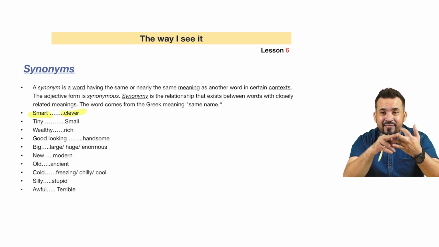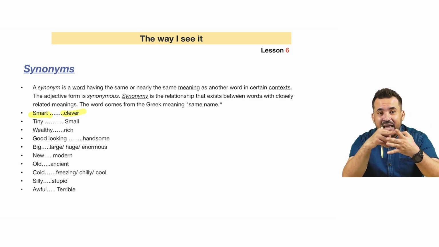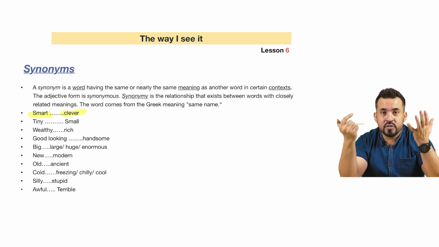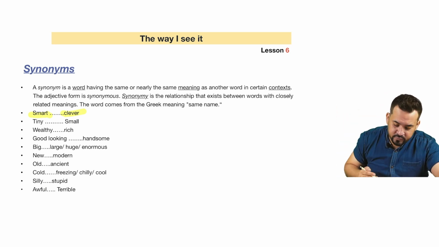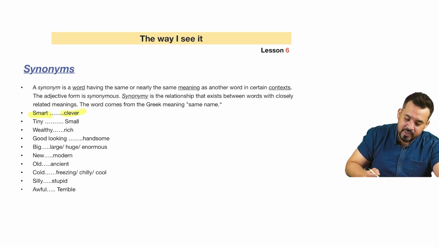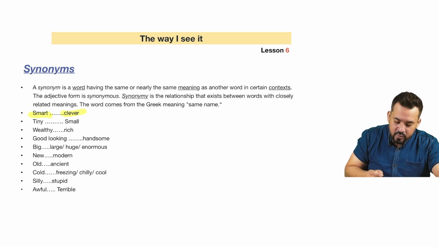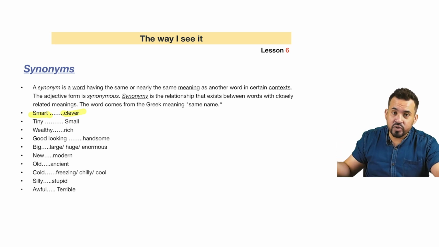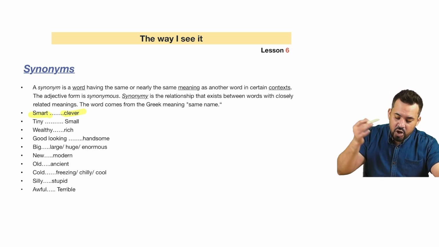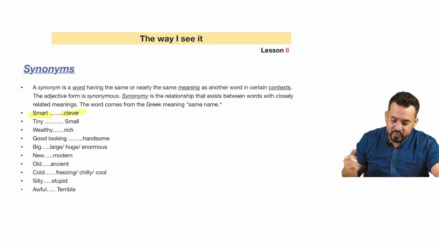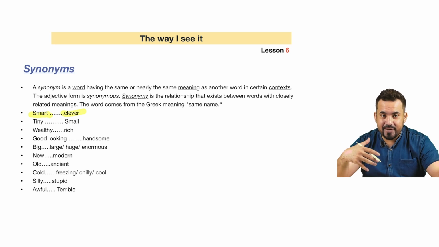Smart, clever, intelligent, astute, those are all words that mean smart. Those are called synonyms. All right, tiny, small, wealthy, rich, good looking, handsome, big, large, huge, enormous, those are all synonyms. New, modern, old, ancient, cold, chilly, cool, freezing.